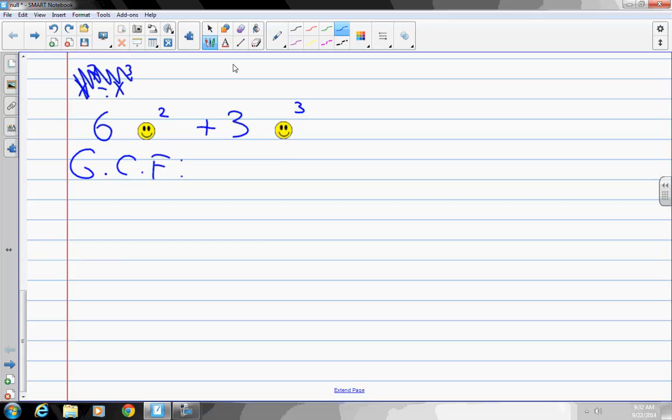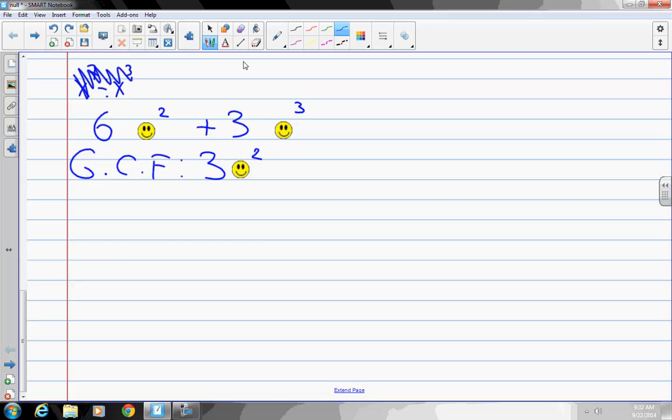What is the greatest common factor here? So 3. What? So smiley face squared, right? So you just noticed the common part and you took the lowest power. That's right. So you're going to take the smiley face squared. That's the greatest common factor. This is the part that they both share. It doesn't have to be a variable, just whatever looks the same.